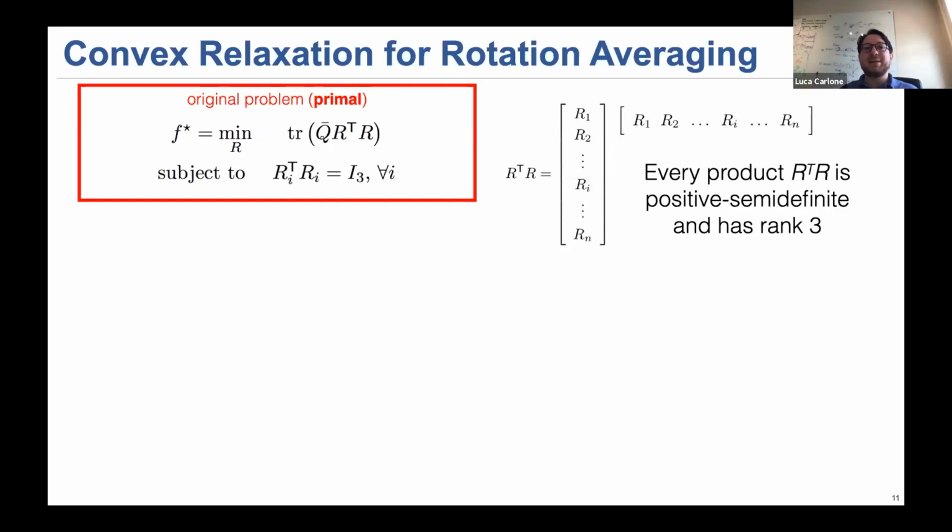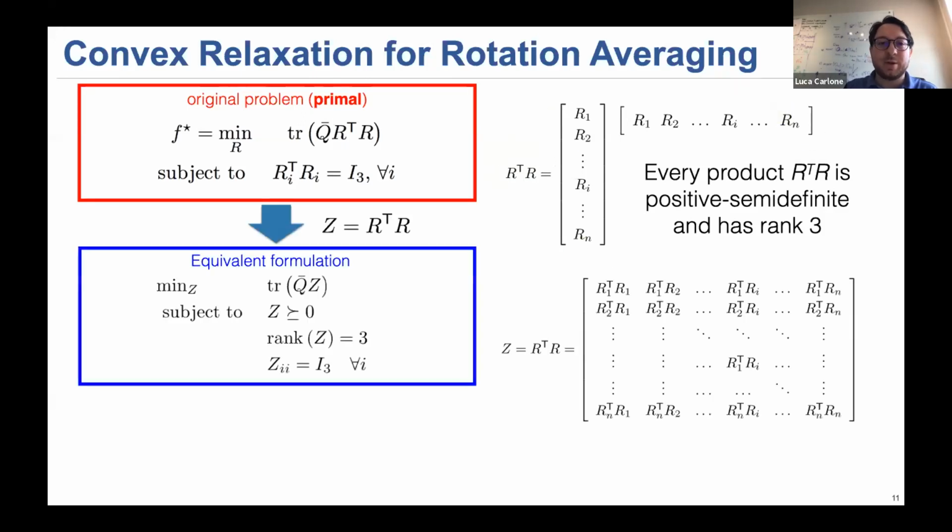So the basic idea, a very easy way to get the convex relaxation here, is to say, why don't we replace R transpose R with a square matrix? Let's call this square matrix Z. If we replace R transpose R with this square matrix, the objective becomes essentially a linear objective in Z. At the same time, we have to enforce the fact that Z is equal to this, which we said is the same as enforcing that Z is positive semi-definite and the rank of Z is equal to 3.